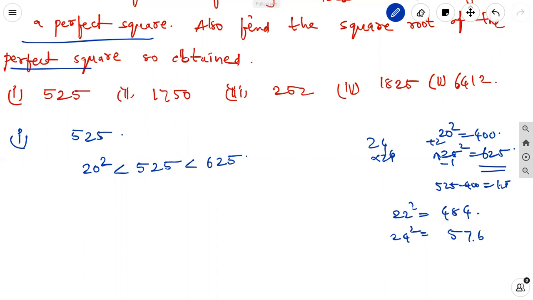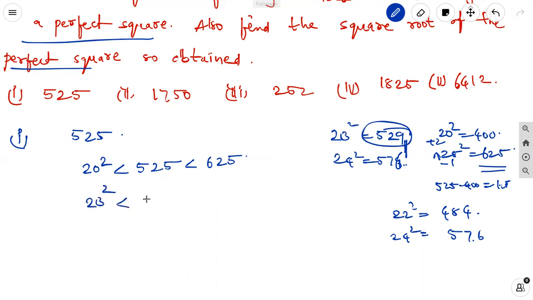We know that 23 square is equal to 529 and 24 square is equal to 576. So in between, 525 is nearer to 529. Then clearly 22 square is less than 525, which is less than 23 square.